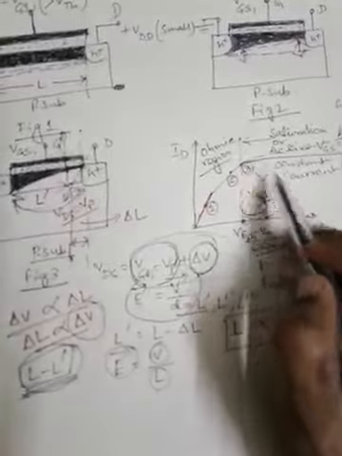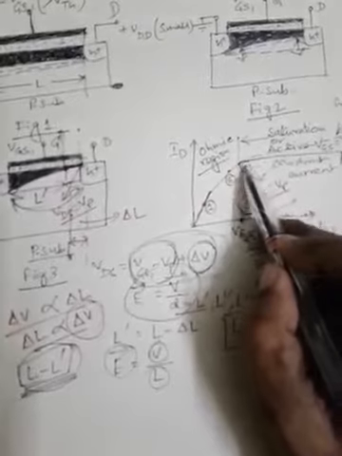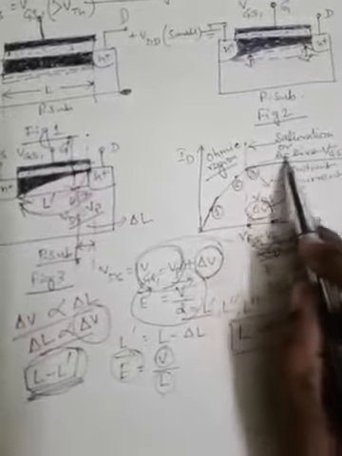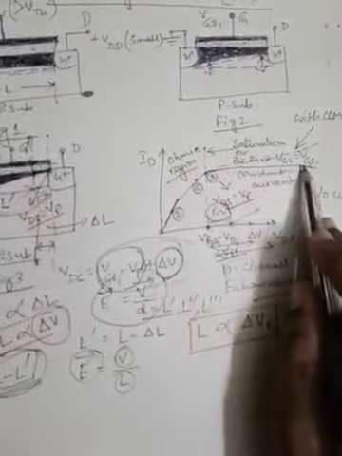That will be reflected in the VI characteristics: the curve in reality after this point VP, position number 3, will not remain flat, but will go a little bit upward. So in reality, along the voltage axis, the drain current will not be constant, but will still increase further. This curve can be explained with the help of the CLM concept, and the previous concept is based on without CLM.